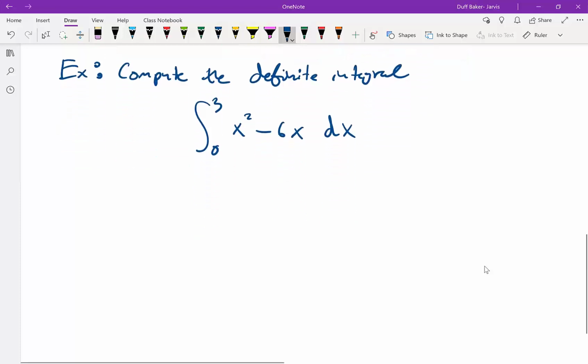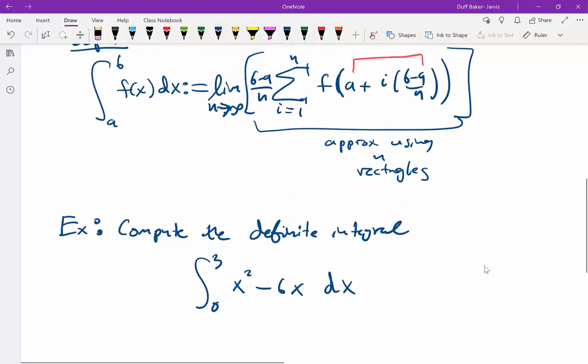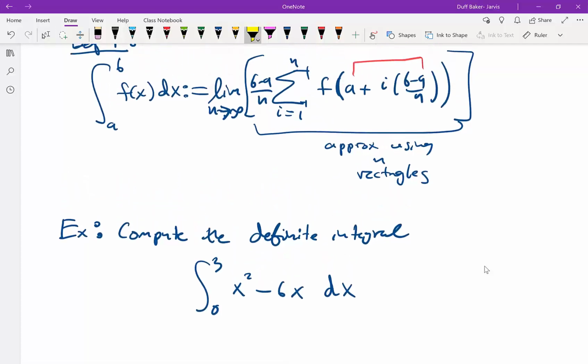And so basically what you would do is you would write down the definition. So in the definition, what things do you need? You need your delta x, and then you need your right endpoints, right? So let's figure out what those are here.